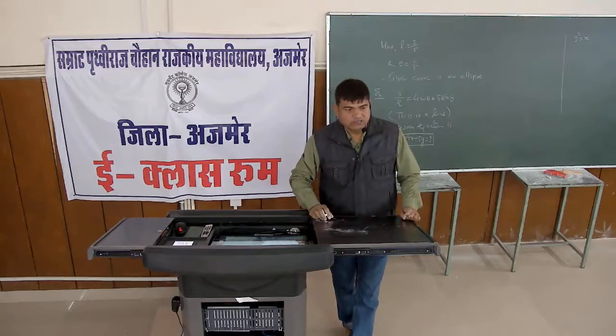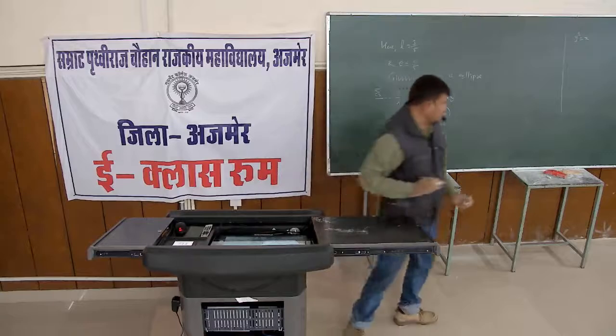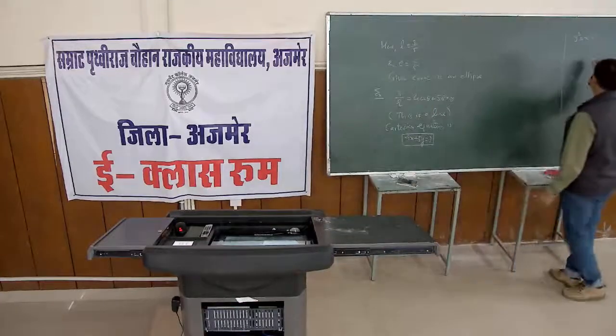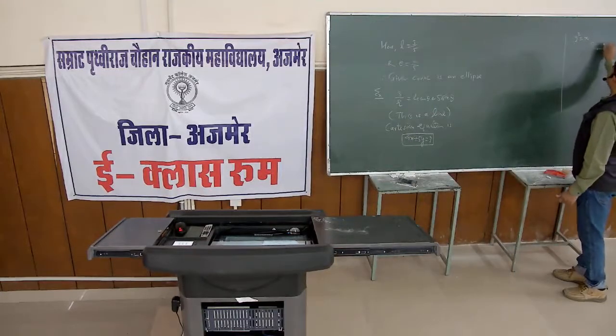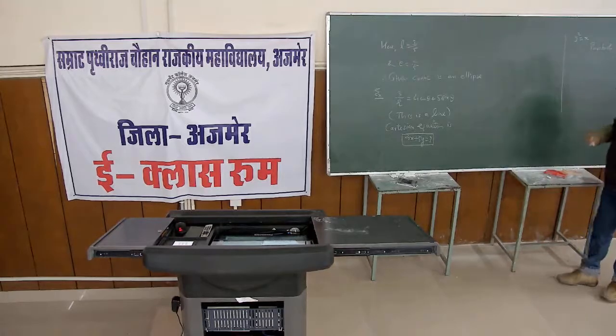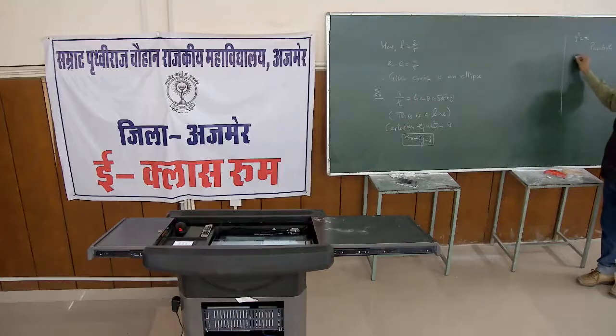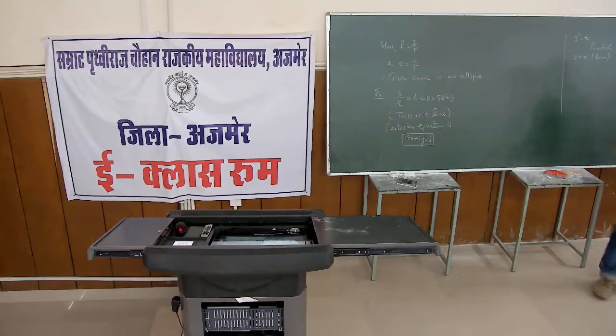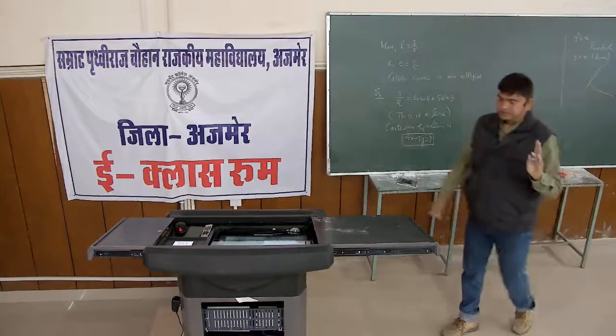Consider y square equals x. This is a parabola, and this is a line. Then there are three situations.